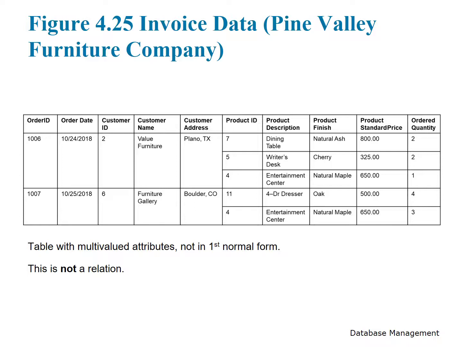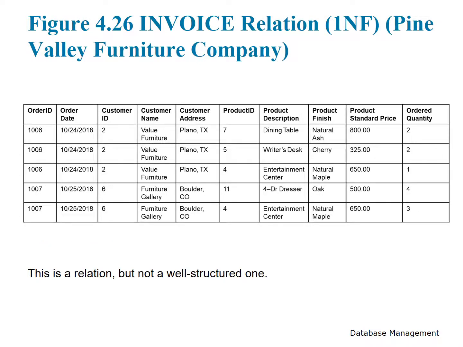So, a table with a multi-value attribute is not in first normal form. This is not a relation. And then this is a relation, but not a well-structured one.